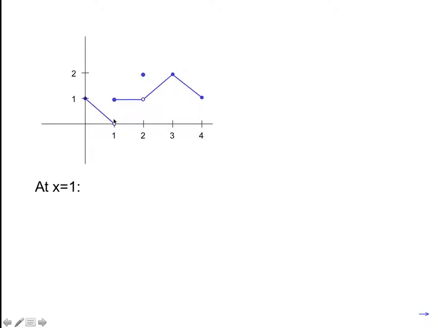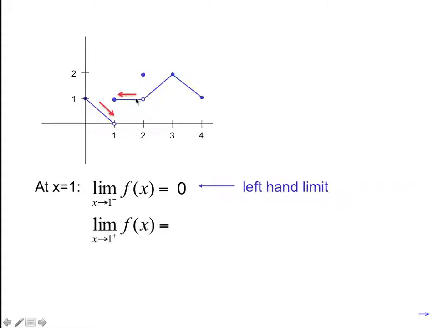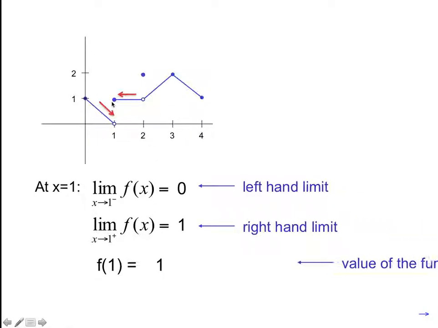What about the limit as we approach 1? Well, let's look at the left-hand limit. As we approach 1 from the left, we're approaching 0. And then let's look at the right-hand limit. As we approach an x value of 1 from the right, we're approaching a y value of 1. Our function value is also 1, right?